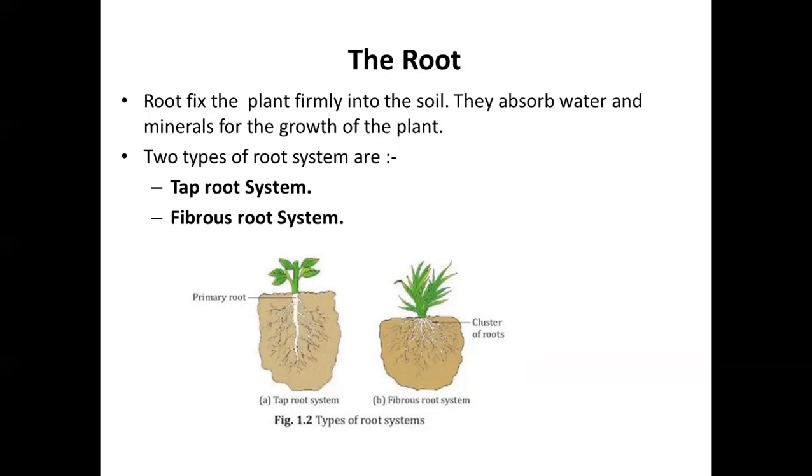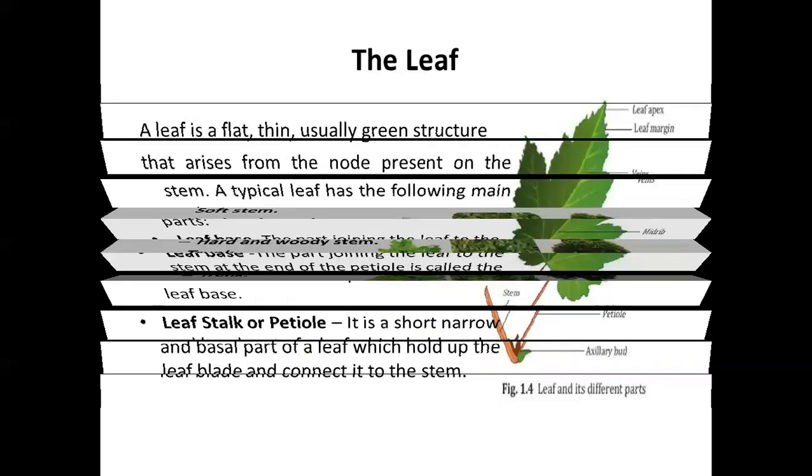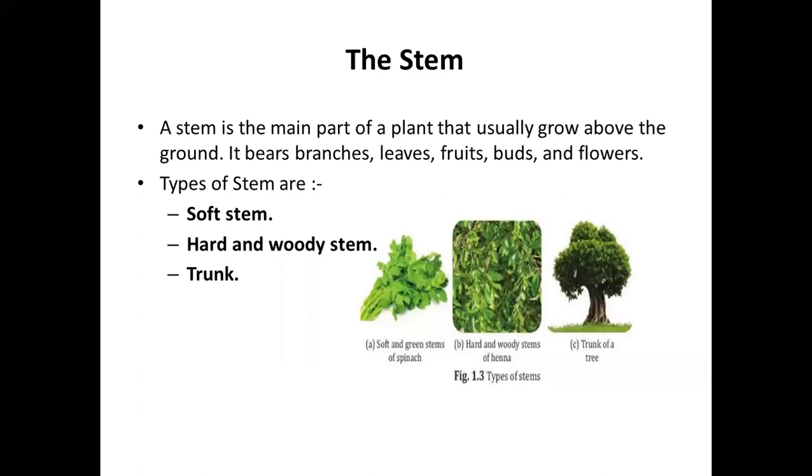We are going to the next topic now, that is the stem. A stem is the main part of a plant that usually grows above the ground, and it bears branches, leaves, fruits, buds and flowers.